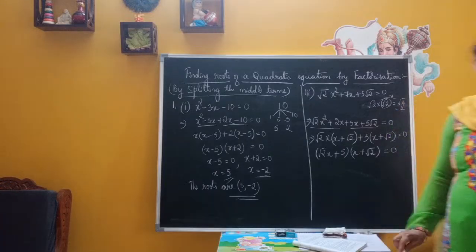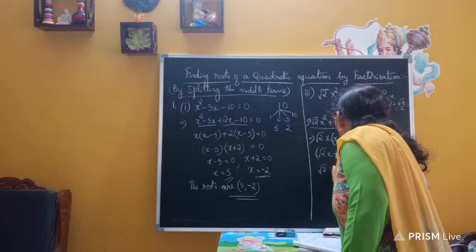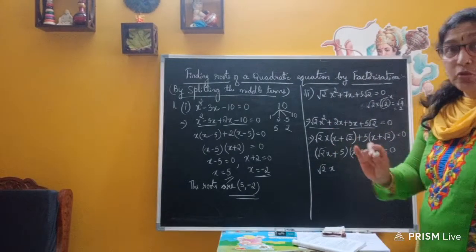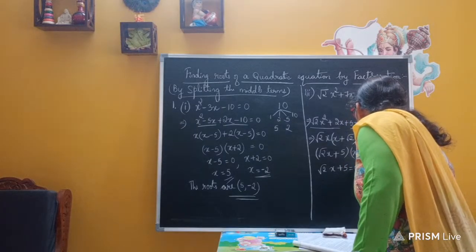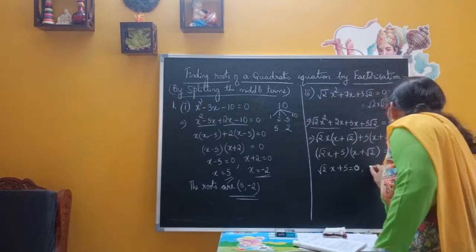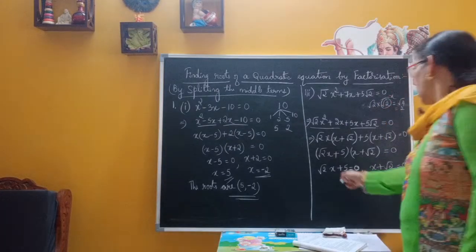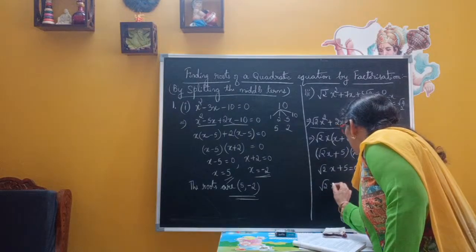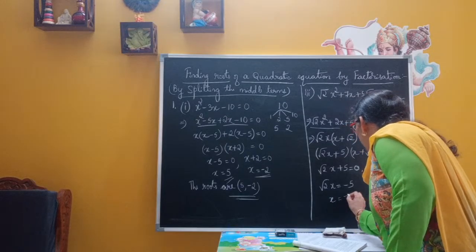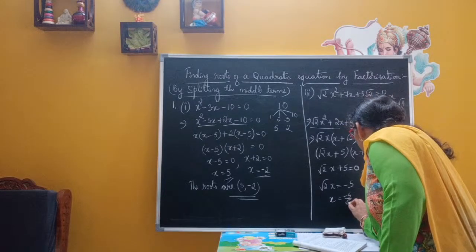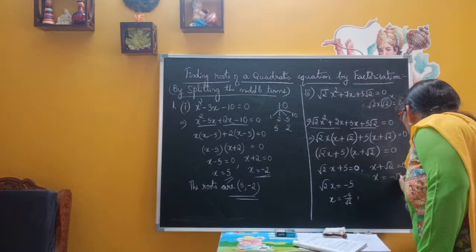Now let us use the zero product rule. So we get root 2x plus 5 is equal to 0 and x plus root 2 is equal to 0. So root 2x is equal to, when we transpose, minus 5. So x is equal to minus 5 by root 2. Here x is equal to minus root 2.